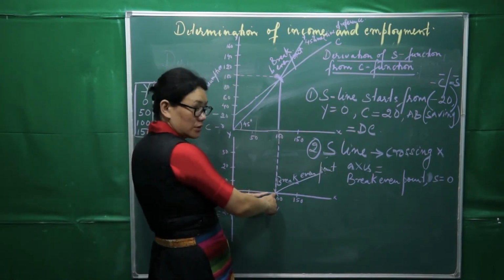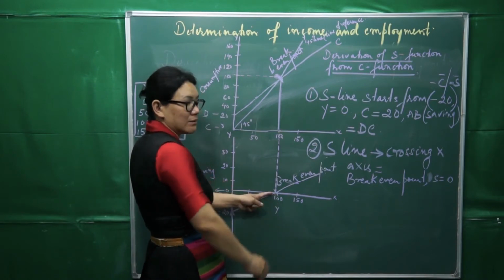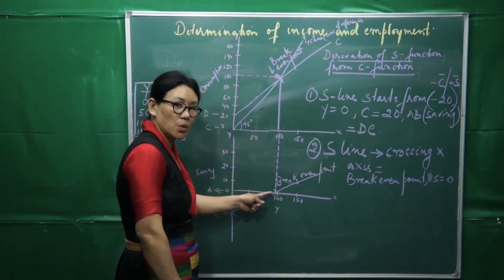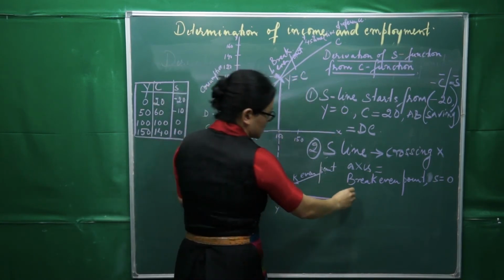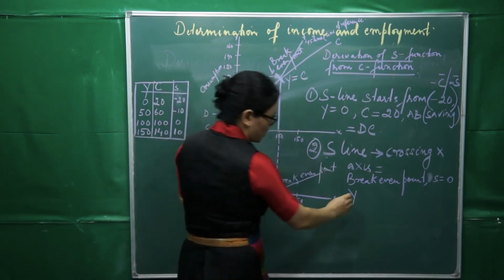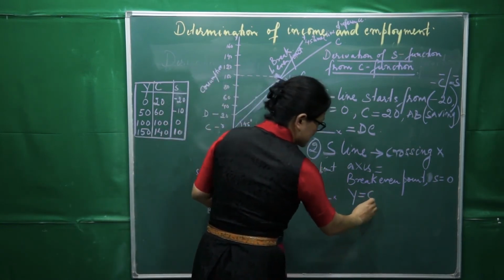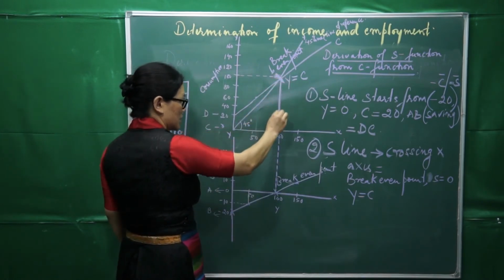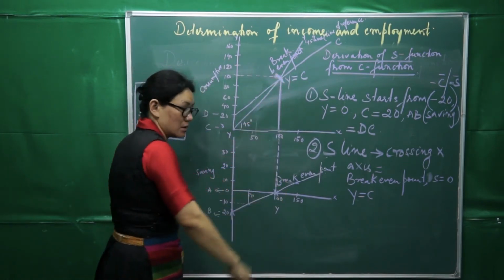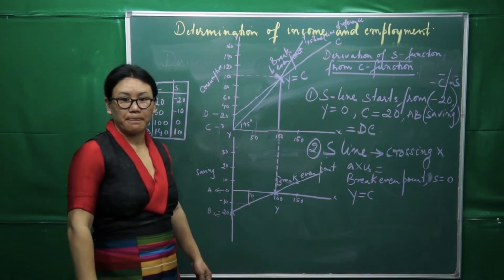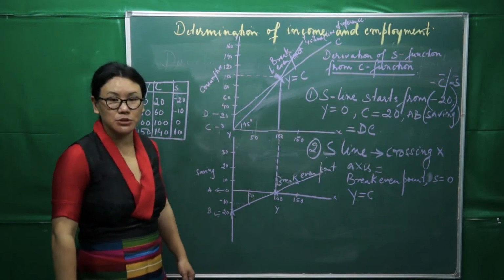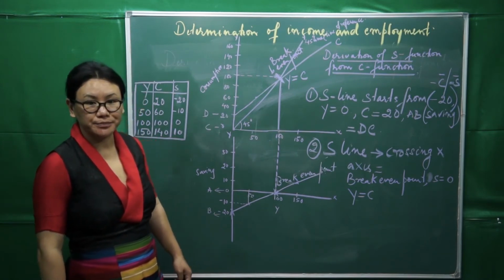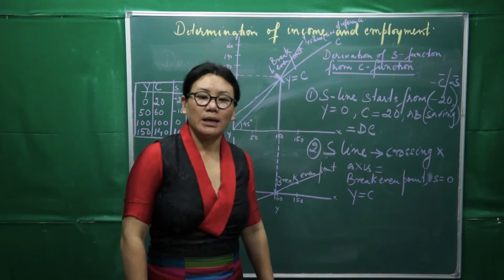Now look, when saving becomes 0, what is happening here? Y is equal to C. So saving will become 0 when Y is equal to C. Right? There will be no saving when income is equal to consumption.